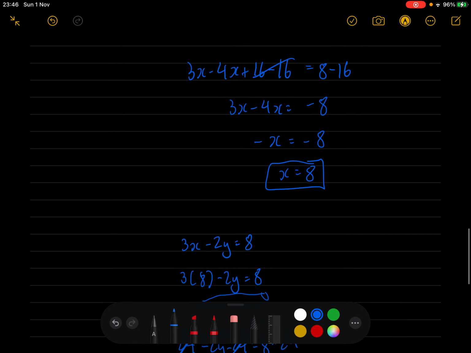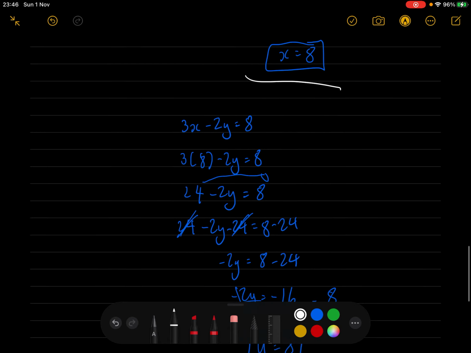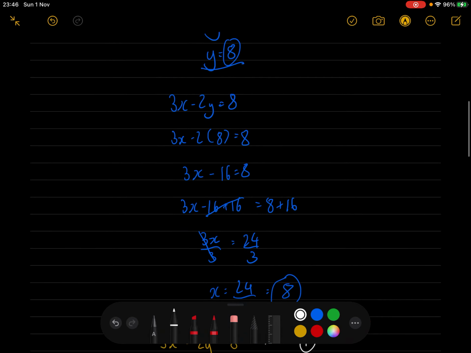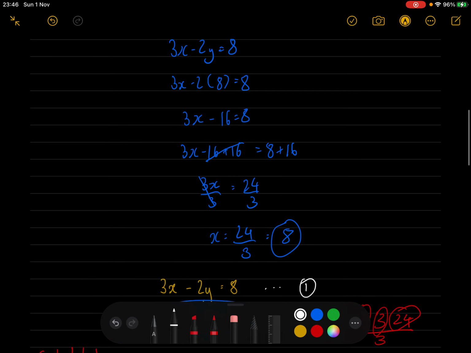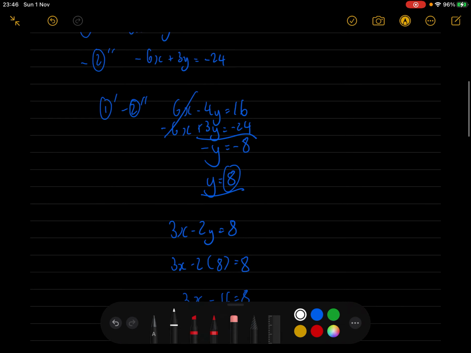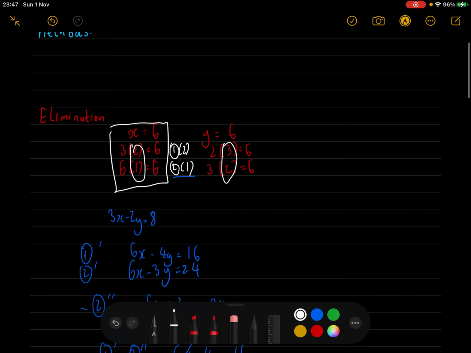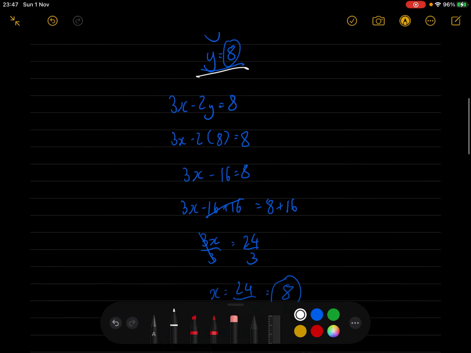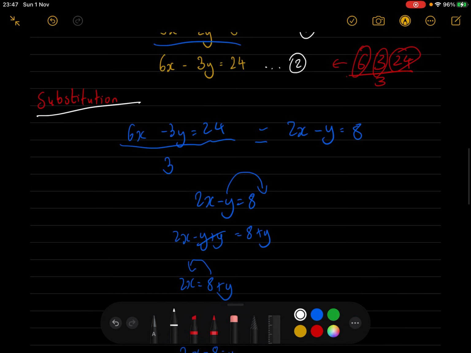Here you can see I found x is equal to 8 and y is equal to 8 using the substitution method. Over here I also found x equal to 8 and y equal to 8, but using the elimination method. So what this shows is that simultaneous equations can be solved by different methods.